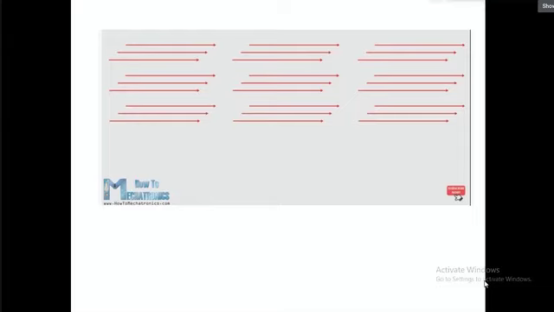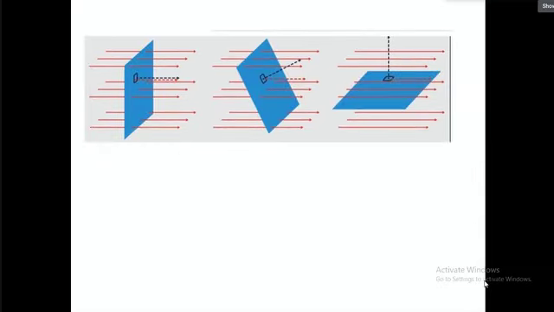The flux lines are passing like this, and the surface is covering like this, and the flux lines will pass through each area, the blue colored ones, and each surface will have its own normal. In the first surface, the black color is the normal, and for the second figure, again the black color is the normal, normal to the surface.